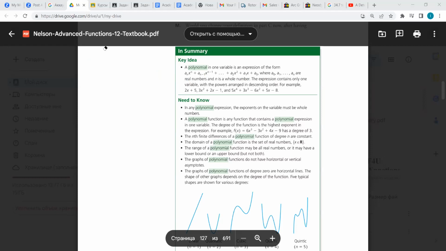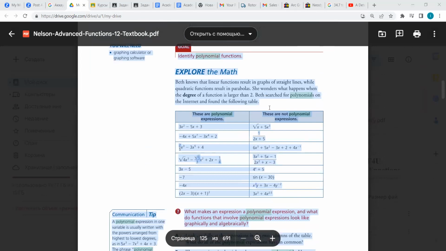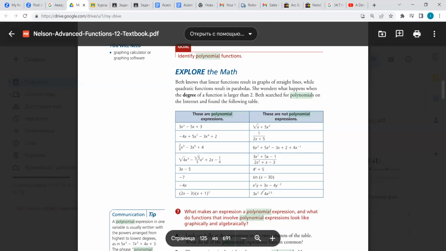Remember, the power of the independent variable cannot be a fraction. See here in the table that shows us non-polynomial expressions, you can see that in the last one we have 3 times x cubed plus 4 times x to the power 2.5. That's not the case for us.